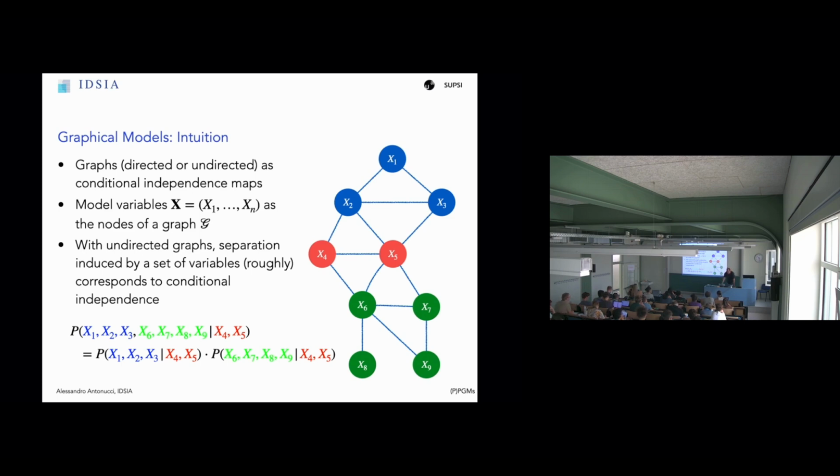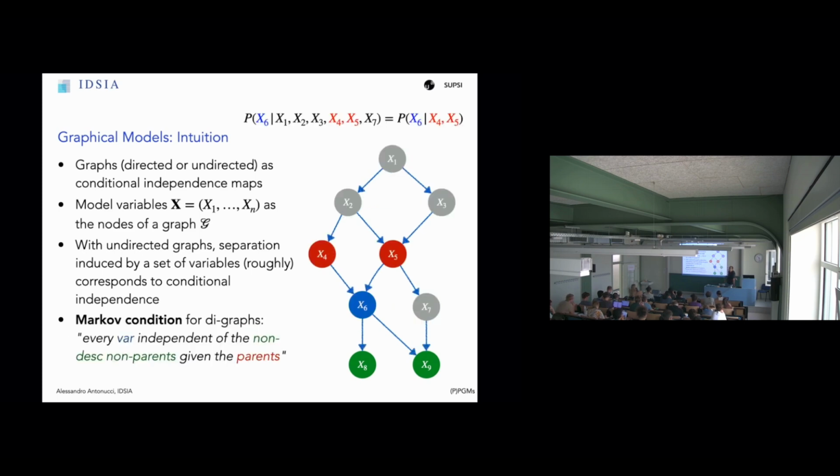For undirected graphs, that was the intuition. For directed graphs, we use what we call the Markov condition. The Markov condition is just a semantic for directed graphs. Maybe it's a bit more involved, but not so crazy. Every variable, and I'm focusing on the blue variable x6, is conditionally independent of the non-descendants, non-parents.